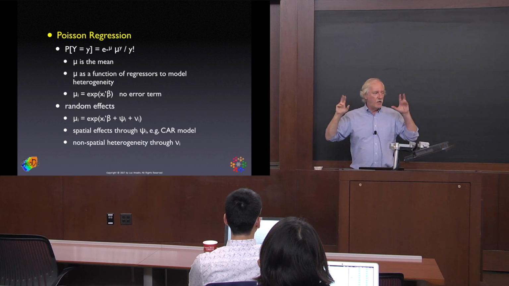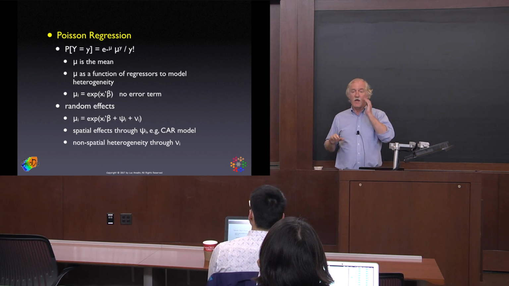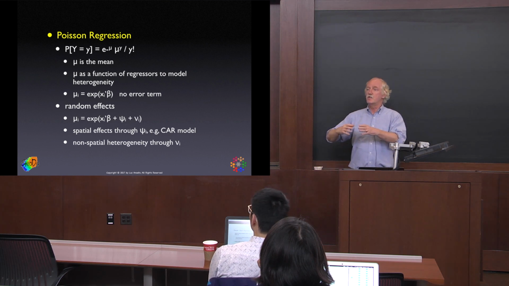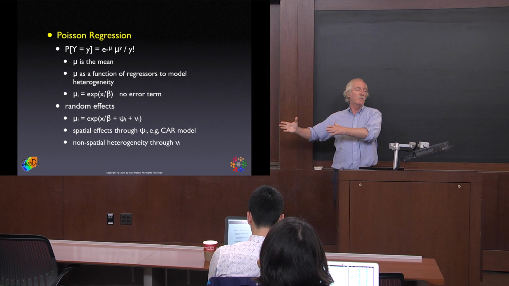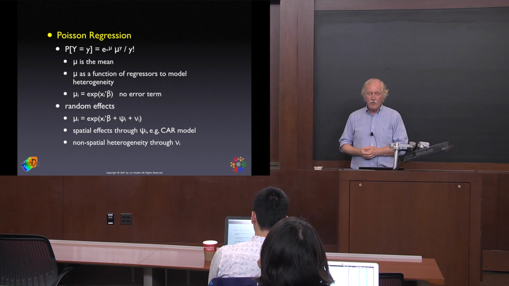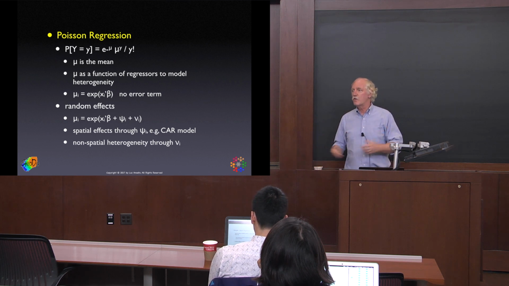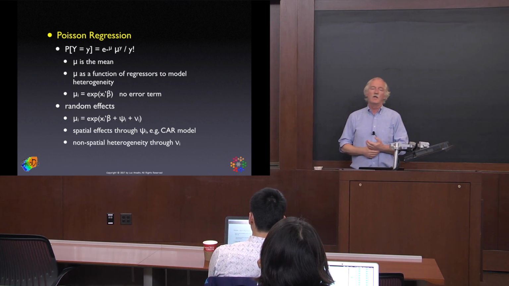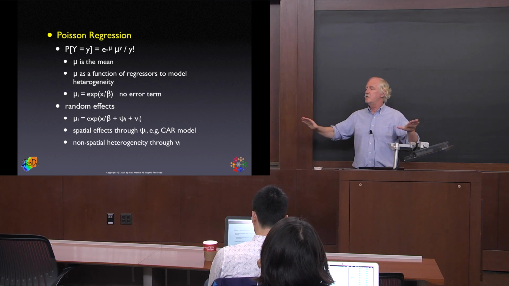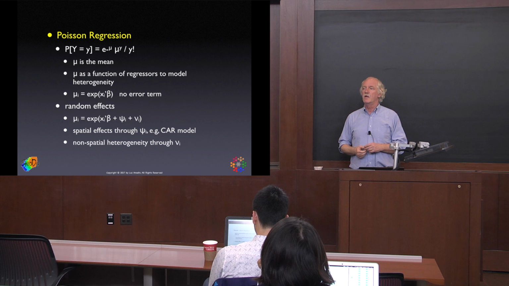Most real processes have some form of grouping where you have higher densities in some places and lower densities in other places, right?